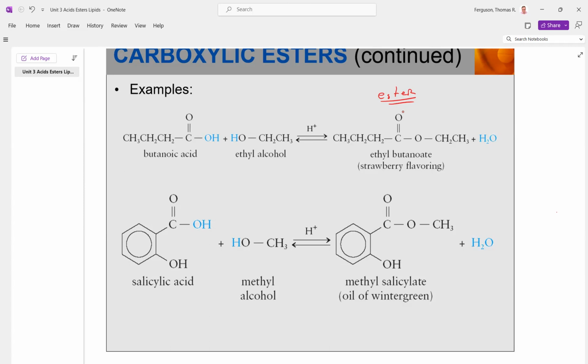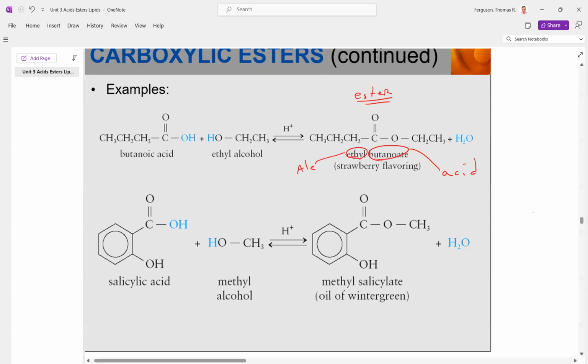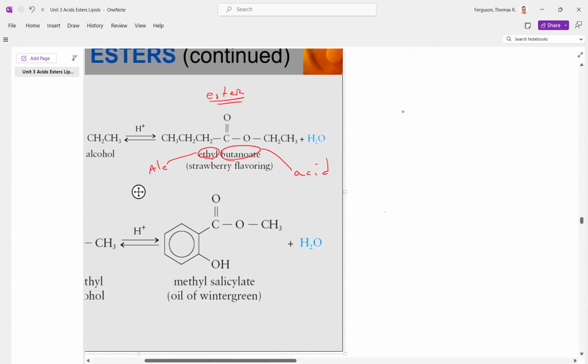Now, naming the ester. There are two parts to naming it. There's the alcohol part and the acid part in the name.